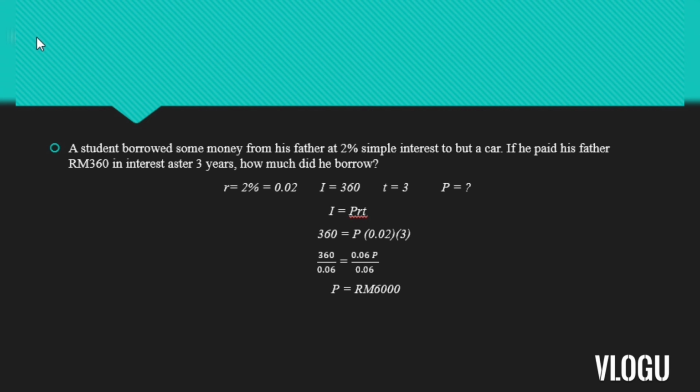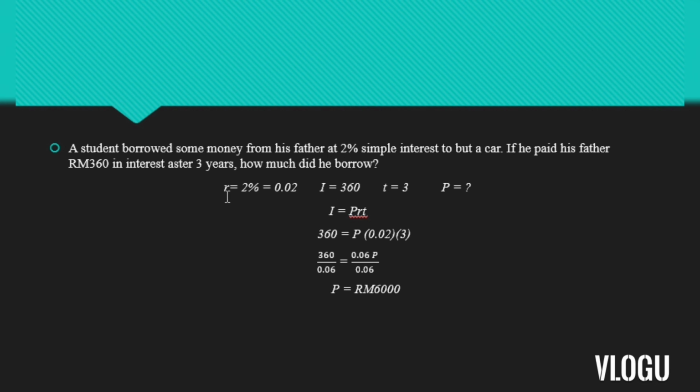So for this question, a student borrowed some money from his father at 2% simple interest to buy a car. If he paid his father 360 ringgit in interest after 3 years, how much did he borrow?